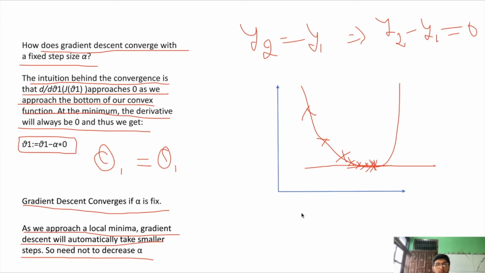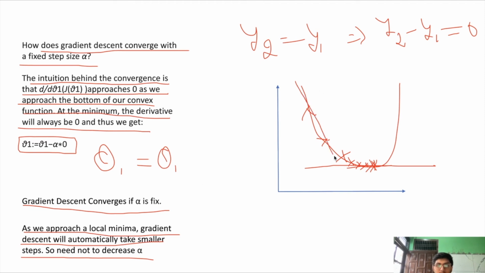See, if our value is at this level, then we come here, we take this much big step, then here, and when we get near the global minima, it will automatically take smaller steps. We do not have to worry because the derivative changes. The derivative must decrease constantly.